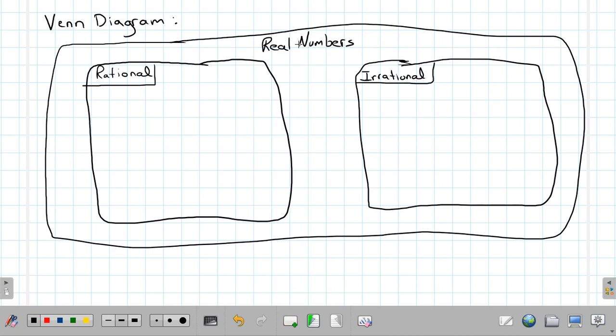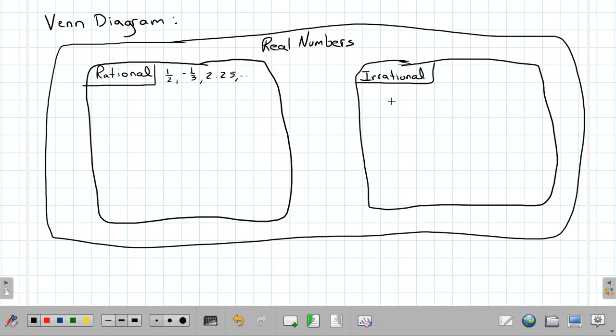So once again, rational numbers are things like 1/2, negative 1/3, 2.25, and so on. Okay, so decimals that either terminate or repeat forever.